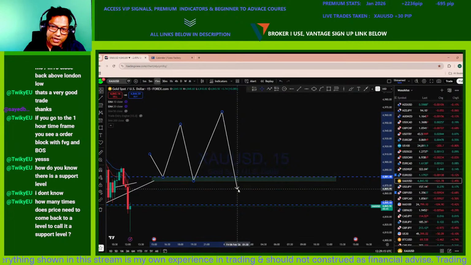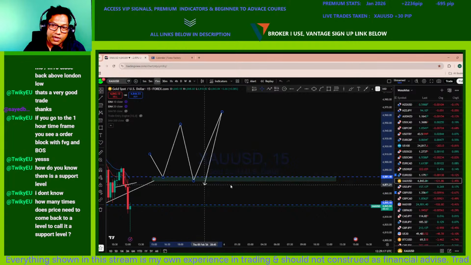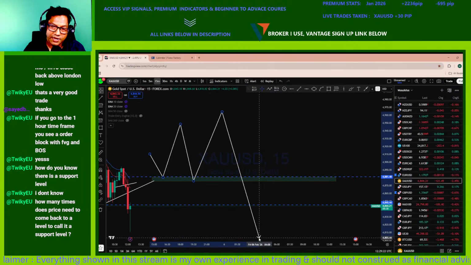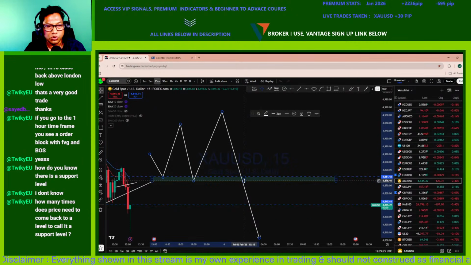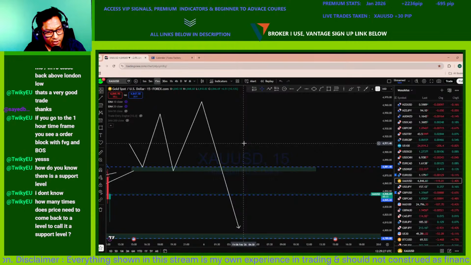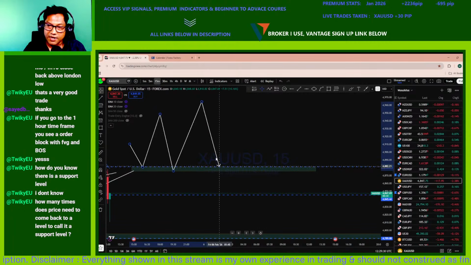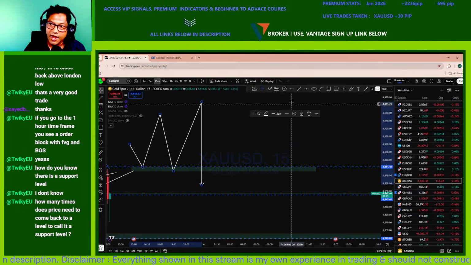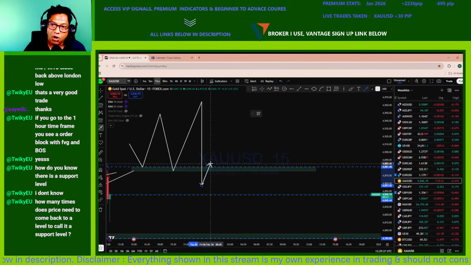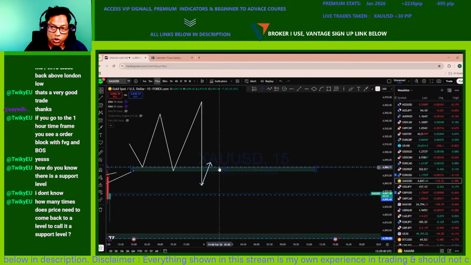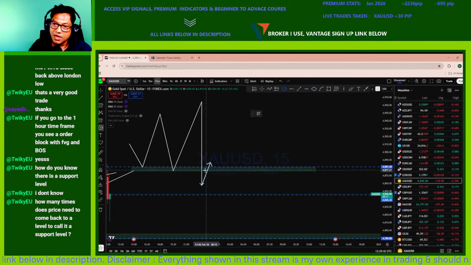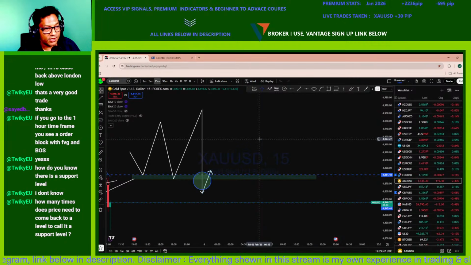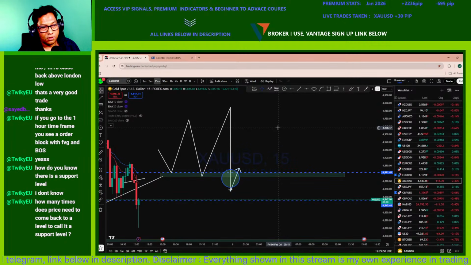Otherwise it can easily come back down, and without reacting to that level, the market may continue to trend back here. That means it didn't consider it a demand area. But if you see the market has come back down, created a false breakout, and then reversed off that level after the false breakout, then this is now a demand area. So that's how you can understand a support is a support.